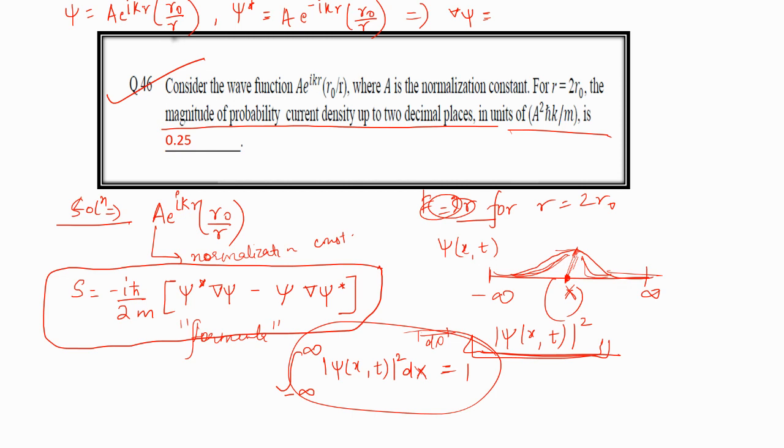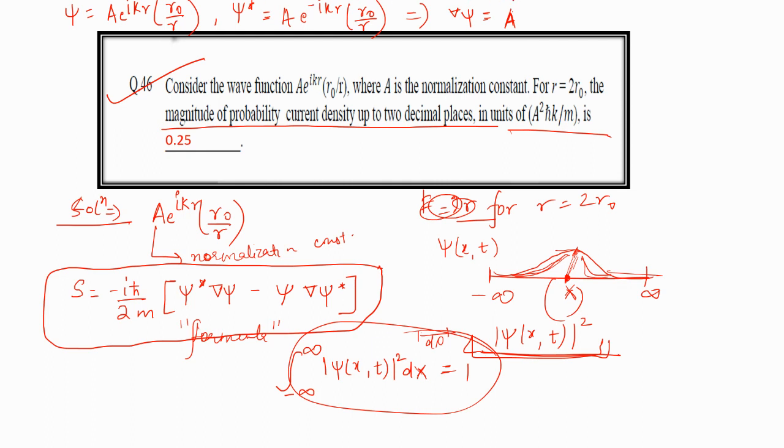So what will be the differentiation of psi? This is e raised to the power iota k r, and the formula is A minus iota h cross upon 2m A square. Replace r by r naught. Psi star is this.